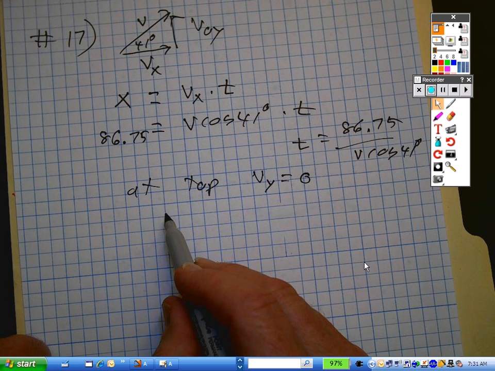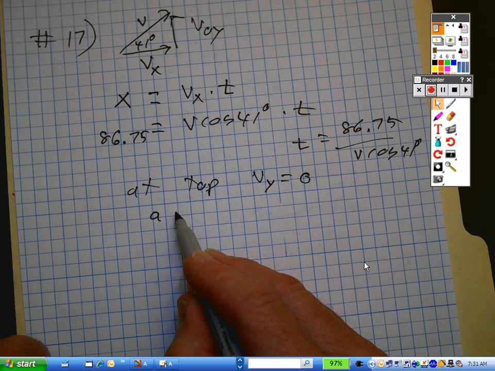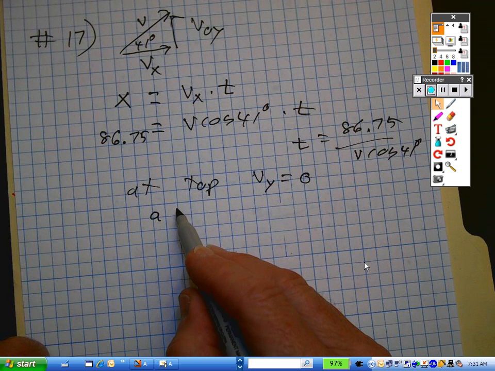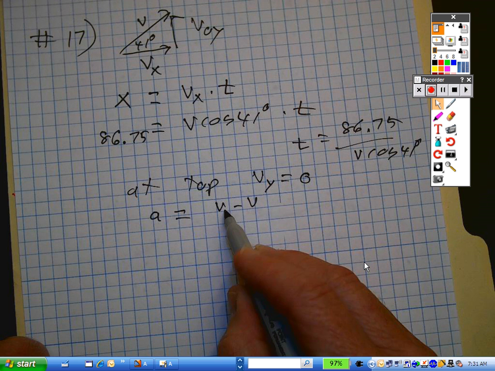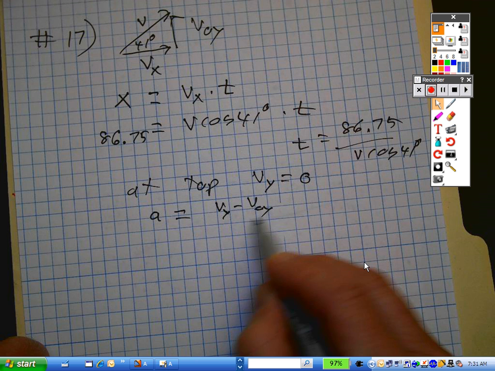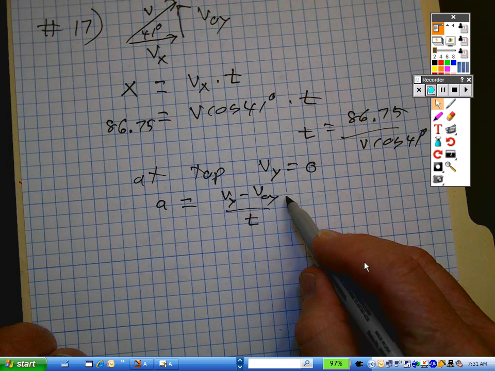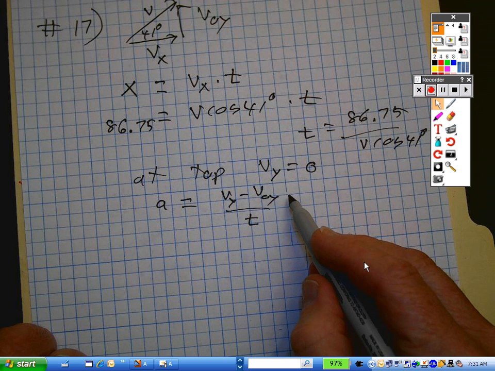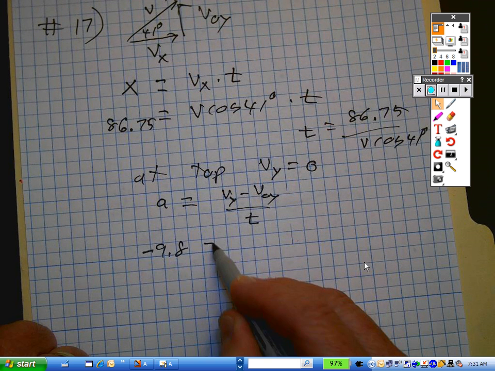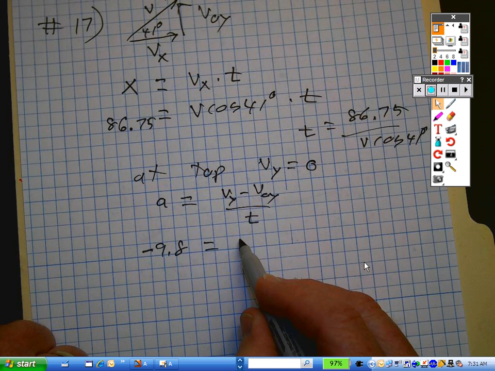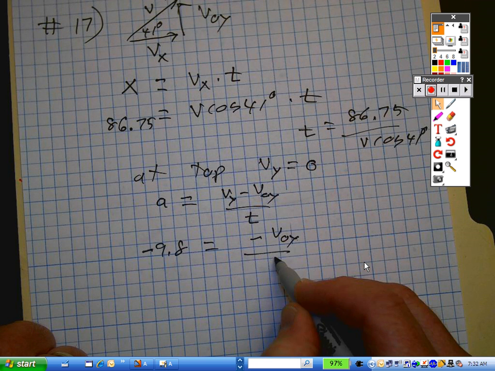So at the very top, you have an acceleration, which is negative 9.8, equal to vy minus v0y over time. And notice in this case that at the very top, you have an acceleration of negative 9.8 equals the vy at the top is 0, so you have negative v0y over t.